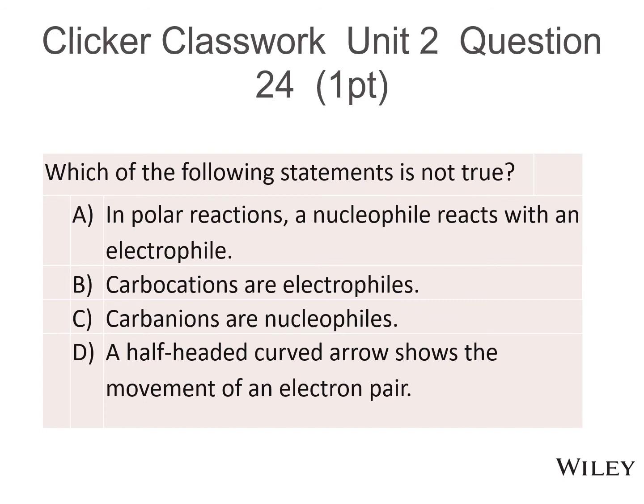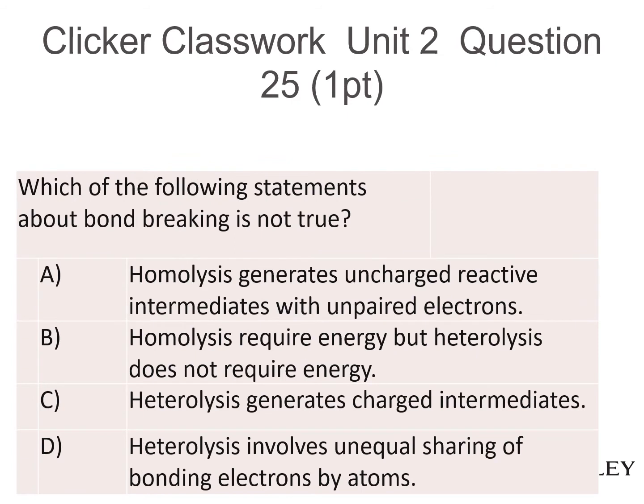So we talked about nucleophilic, electrophilic reactions, SN1, SN2. Which one of these would not be a true statement for our mechanisms? Which one of these would not be a true statement about our reactions when we're talking about homolysis and heterolysis.